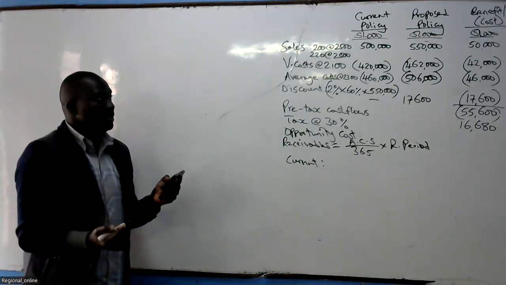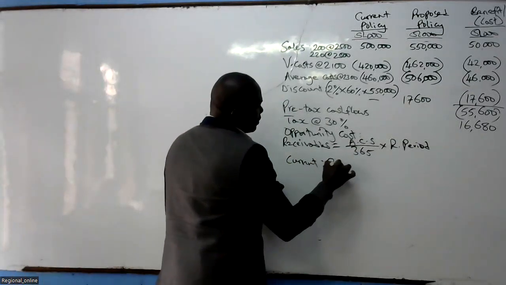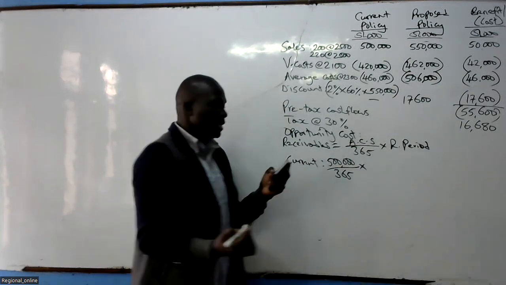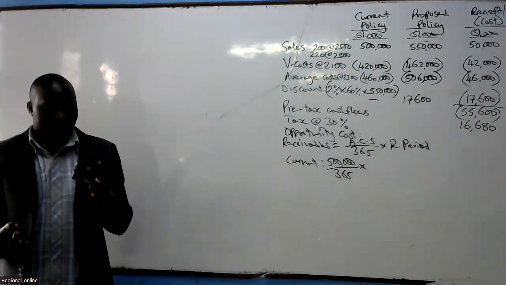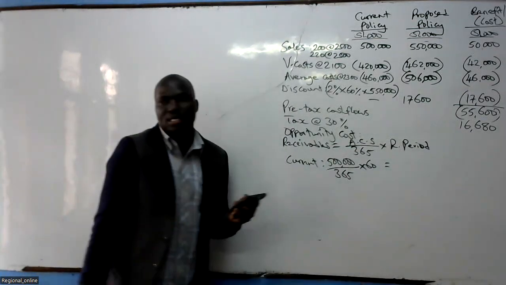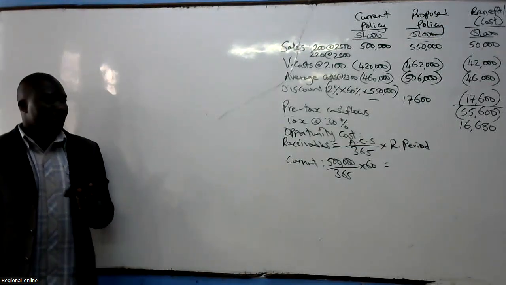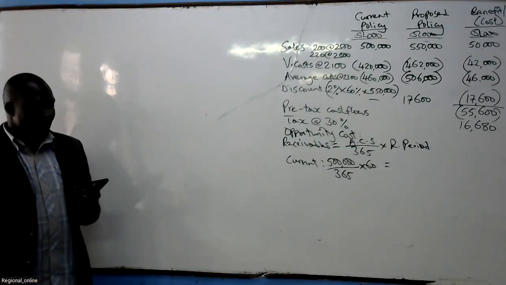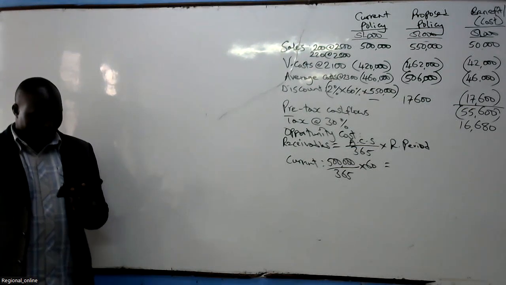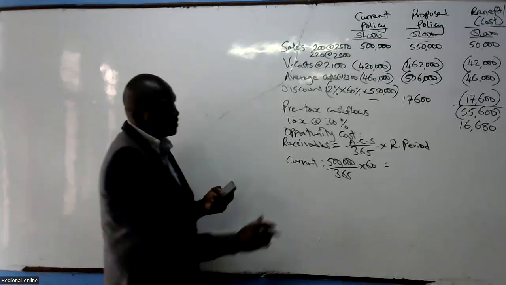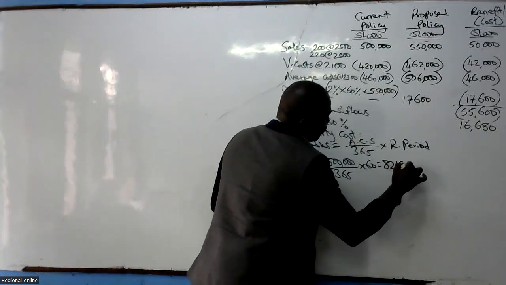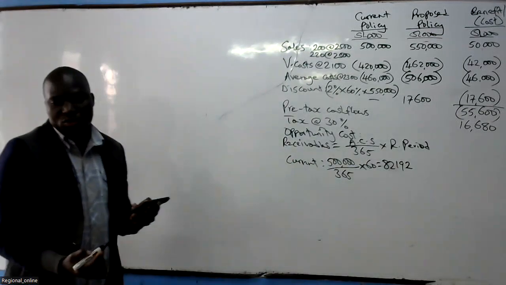How much is our credit sales? All sales are on credit. That's what we've been told. And customers take how long to pay currently? 60 days. How much is that? Can I say 82,192? Rounded off.